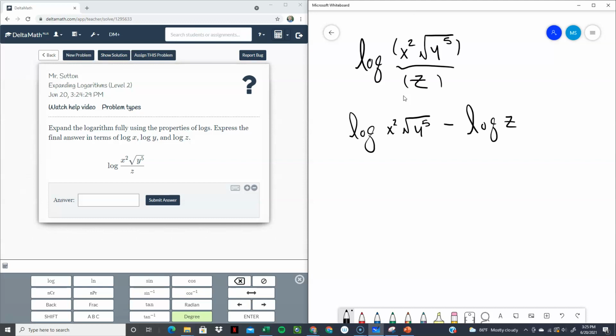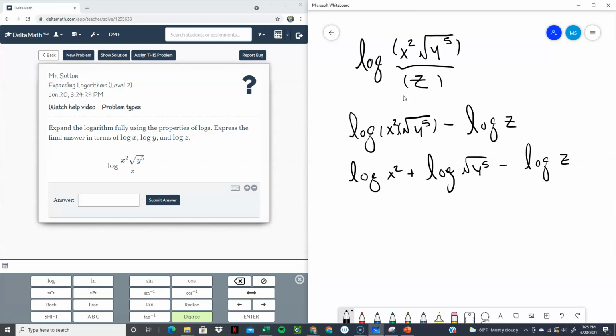And then we can also separate these pieces here. Those are being attached by multiplication, so log of x squared, and then plus log of square root y to the 5th, minus log of z.